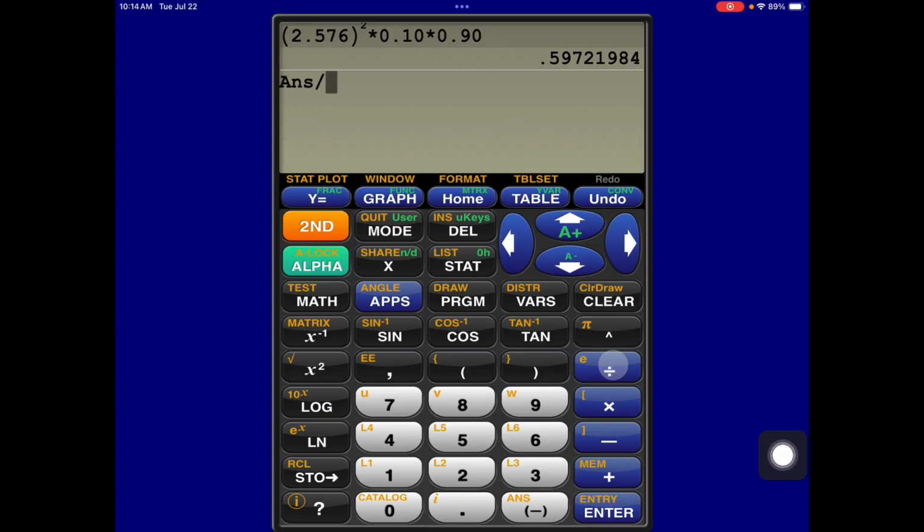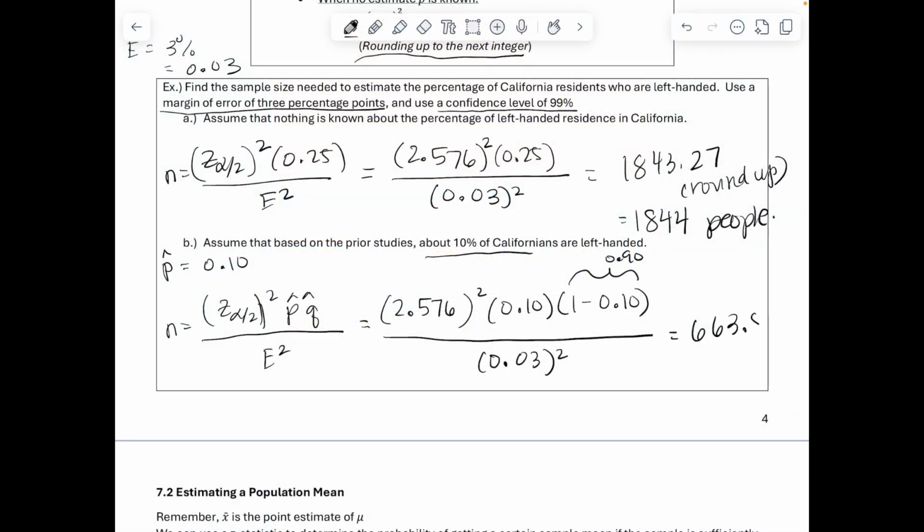So select the division button on your calculator, and we're going to divide by, parentheses 0.03 close parentheses squared, and then select enter, and we get our number of people that we need to sample. Remember that we do need to round this value up. We get an answer of 663.58, and again we need to round up, and so this is going to equal 664 people.